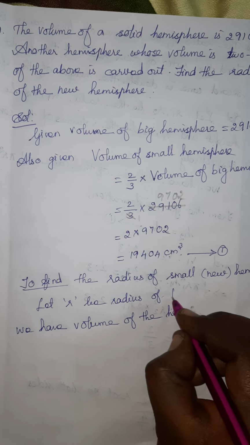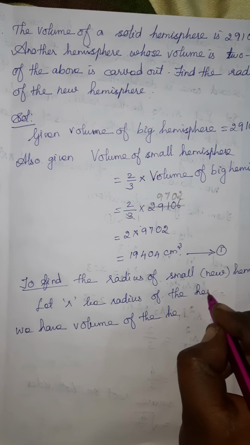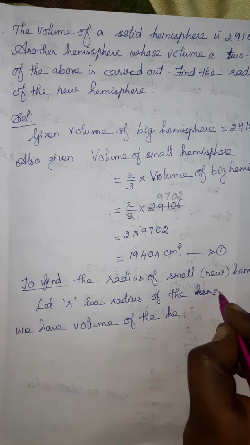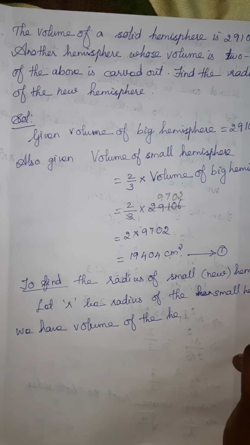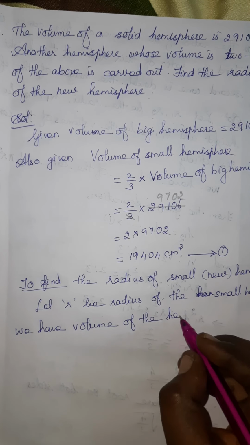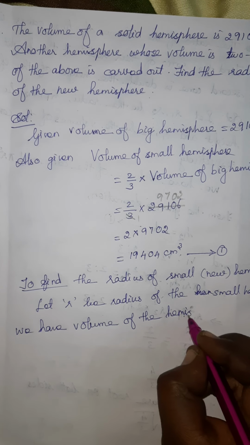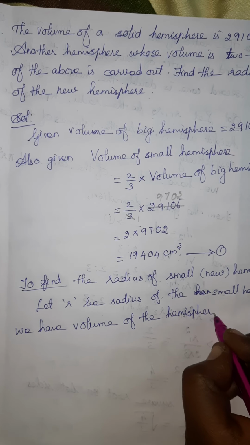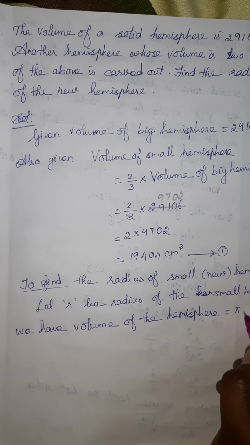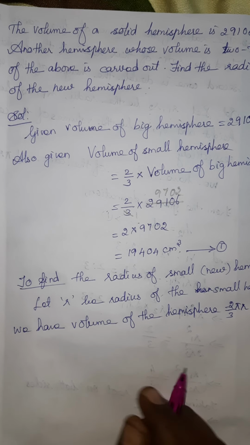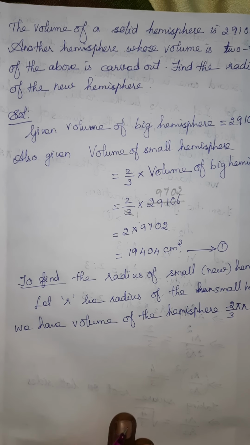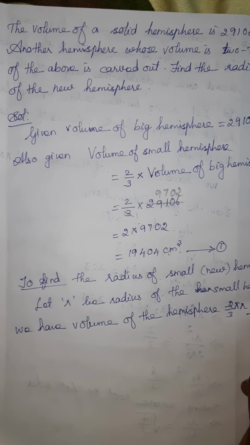We can write the volume of the small hemisphere is equal to 2 by 3 pi r cube. Okay, for a sphere it is 4 by 3 pi r cube, for a hemisphere 2 by 3 pi r cube. This is the second equation.